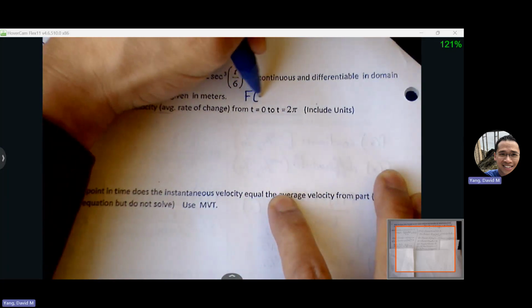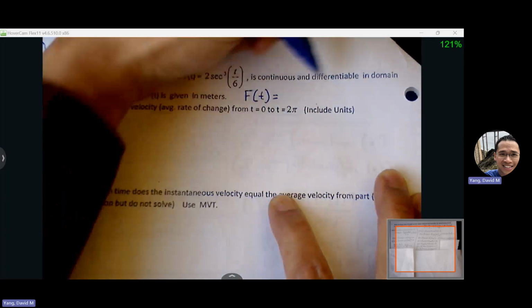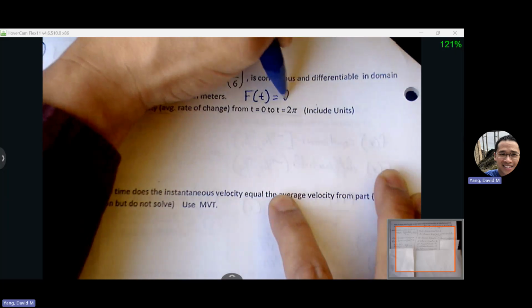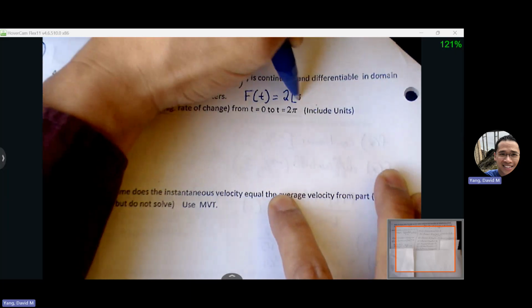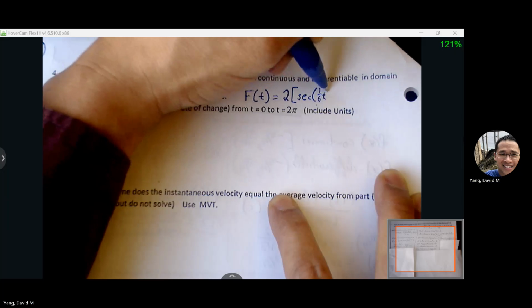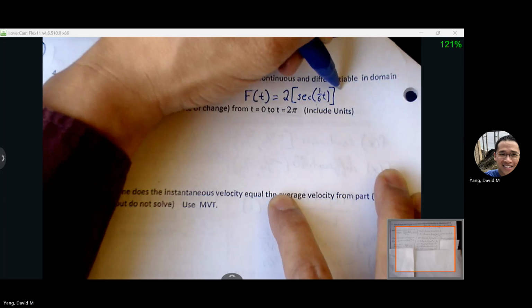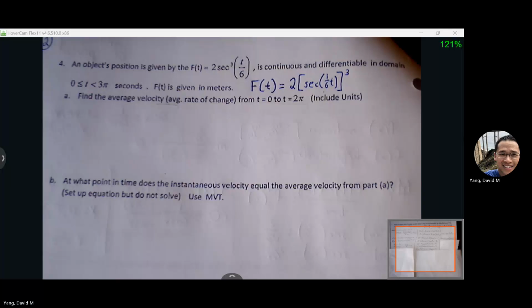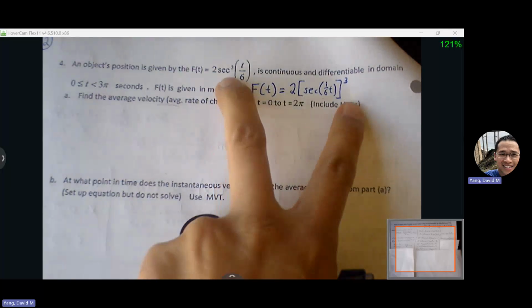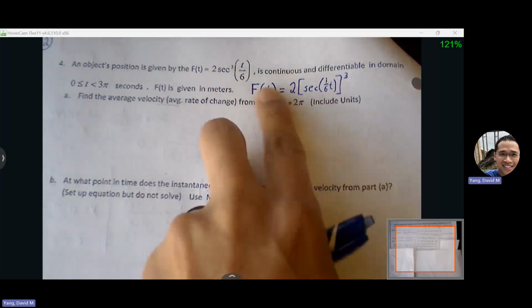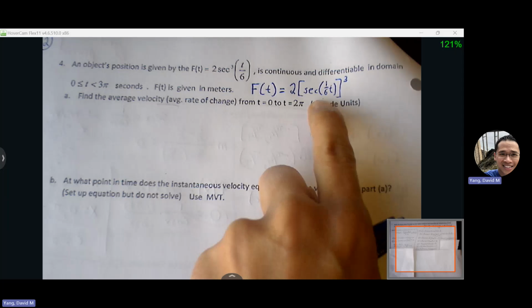So let me start off by rewriting our f of t and just get that exponent in a place that's easier for us to work with. I think it's always a good habit, even if you're not finding the derivative, it's just easier to see what needs to happen.